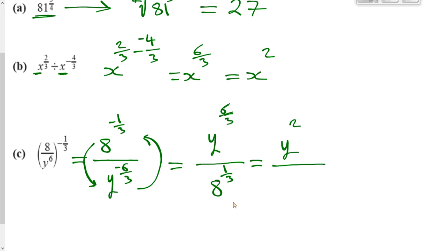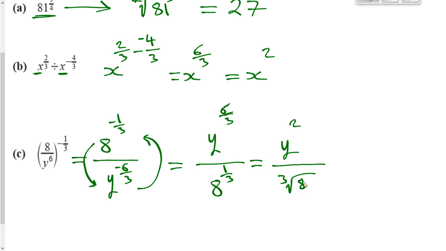By applying one of our exponent laws here, when we have something to the power of a fraction, we take the root of the denominator, and then the numerator becomes what the 8 is to the power of. So in this case, we're going to have the third root of 8 to the power of 1.